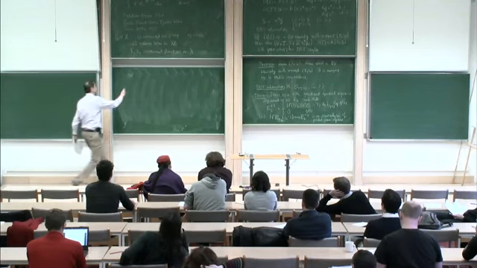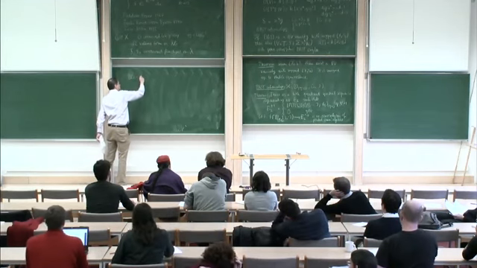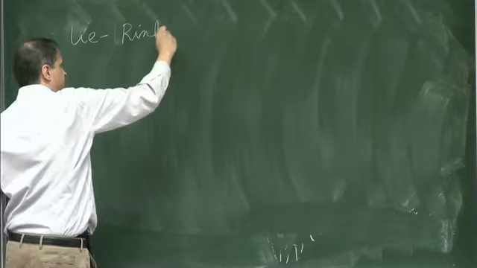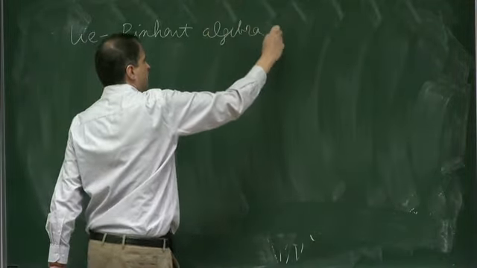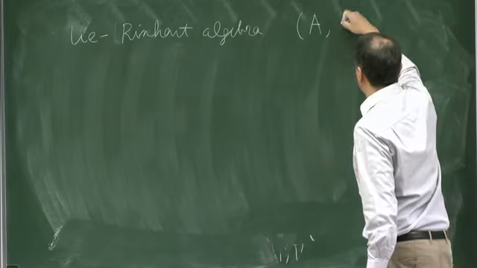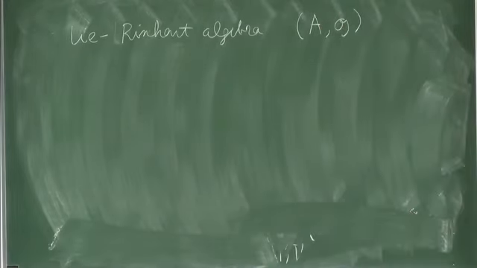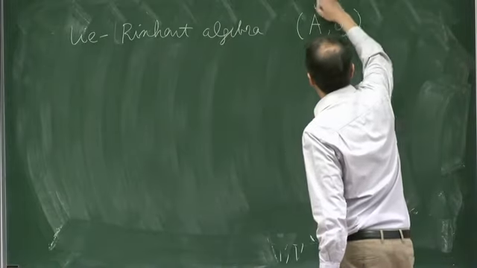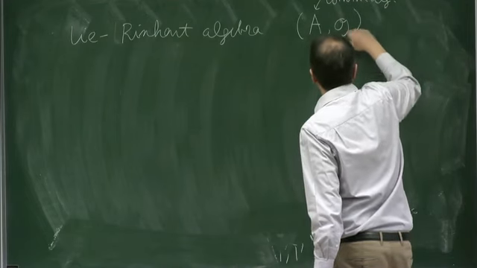So recall what a Lie-Rinehart algebra or algebroid is. A Lie-Rinehart algebra is a pair consisting of an algebra and a Lie algebra. A is a commutative algebra, and G is a Lie algebra.